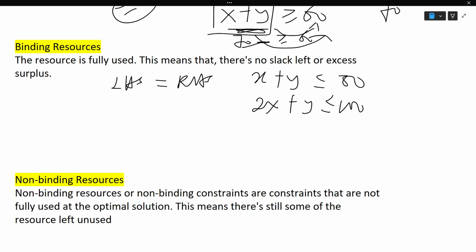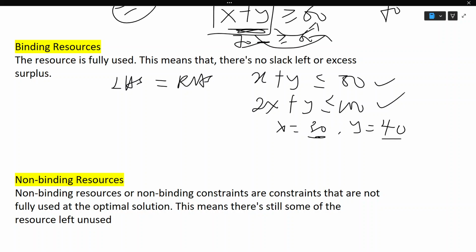Then you solve for them and determine your optimal solution: x equal to 30, y equal to 40. Given these two constraints, which one is binding? What you have to do is put this x value and y value into them.